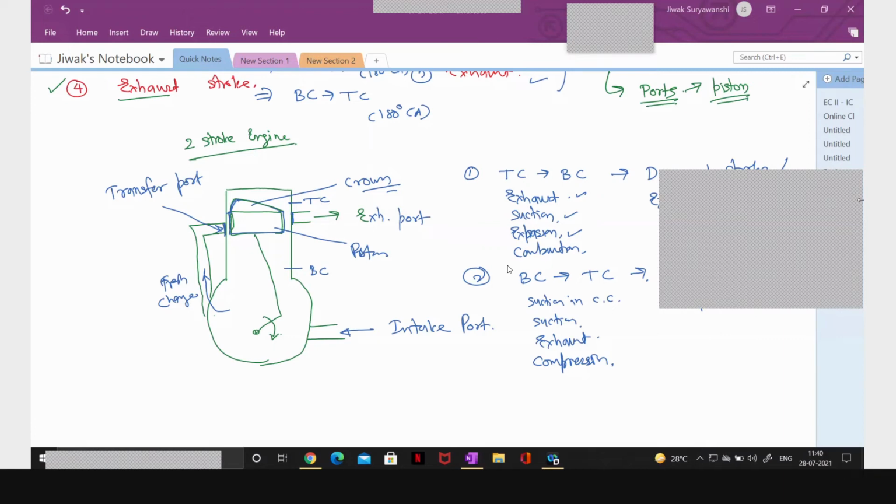Yes, roll number 89, Harshita. Sir, do we use a valve at the intake port? Why? Sir, because when the piston comes down, due to pressure increasing in the crankcase, the air will go outside of the intake port.